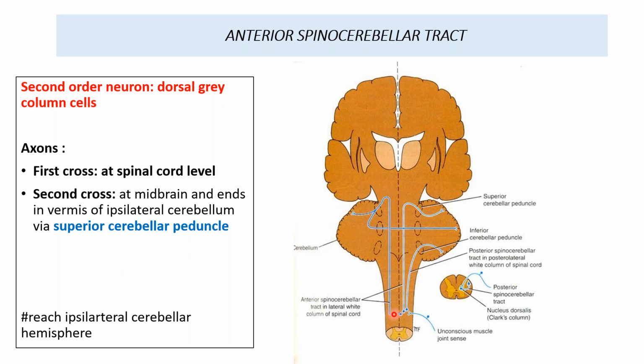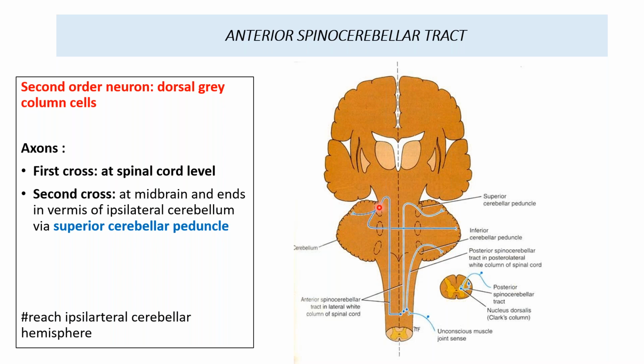So this is the first cross. This has crossed to the opposite side at the level of the spinal cord. So all these levels of crossing you should remember. It has crossed at the level of the spinal cord and reached the opposite side of the brainstem. Now, the second cross will be at the level of the midbrain.